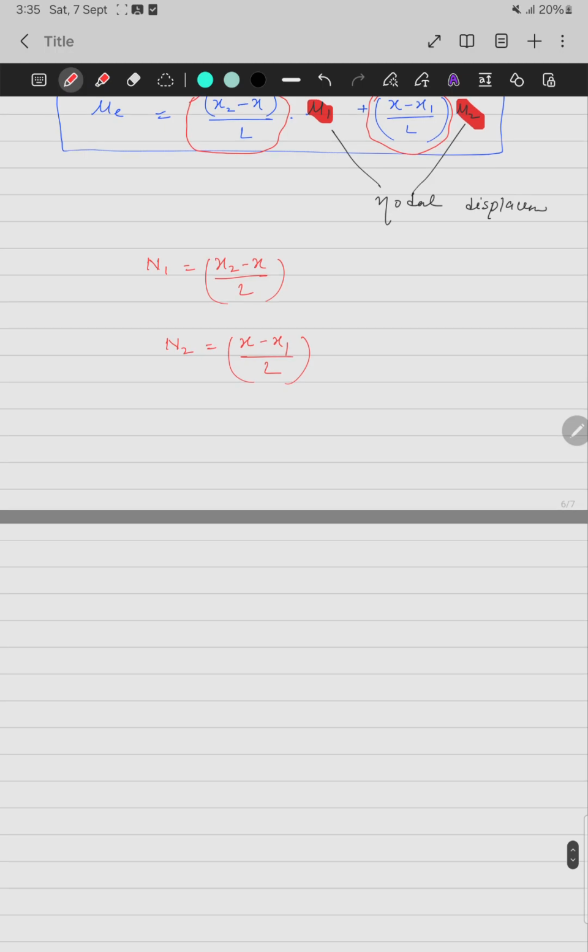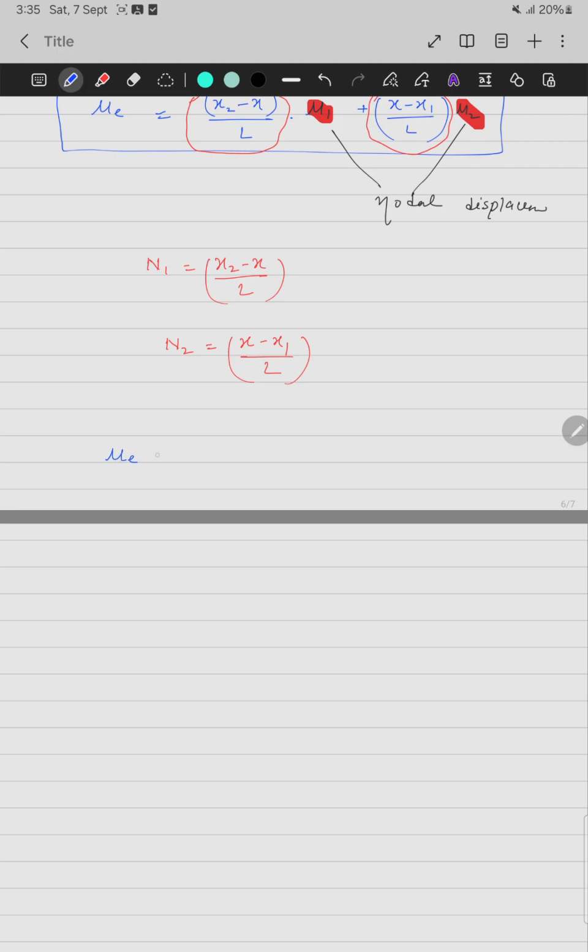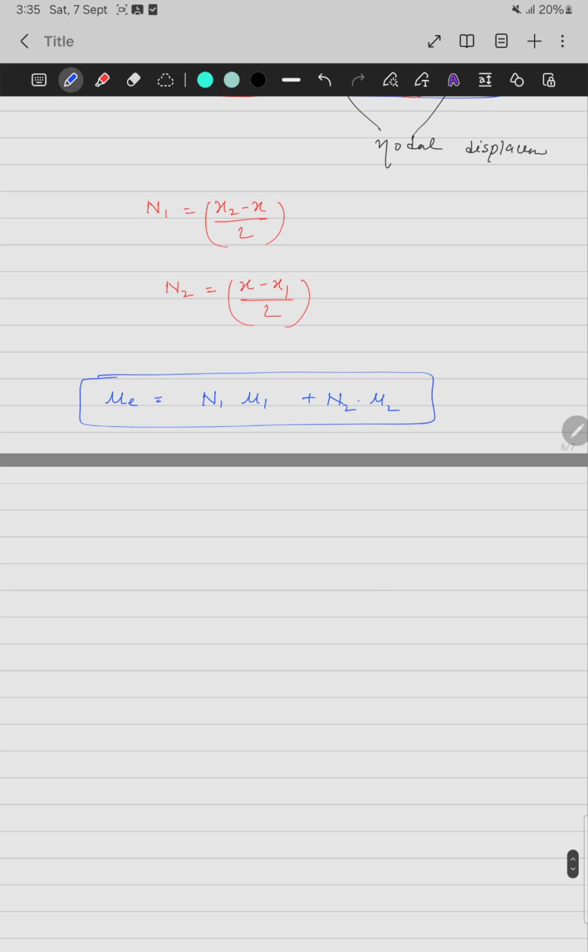By writing this, we can write our equation ue as n1 u1 plus n2 u2. We got our displacement equation in terms of nodal displacement and shape function. Here these n1 and n2 are nothing but our shape functions.